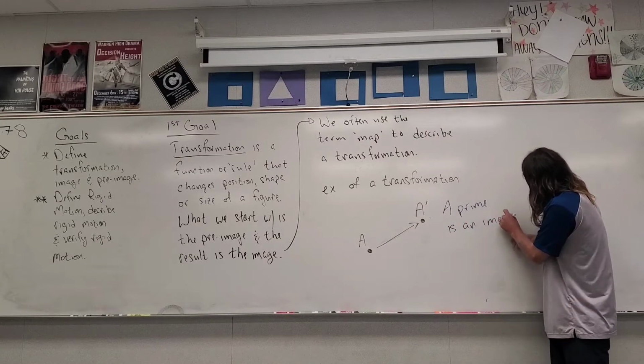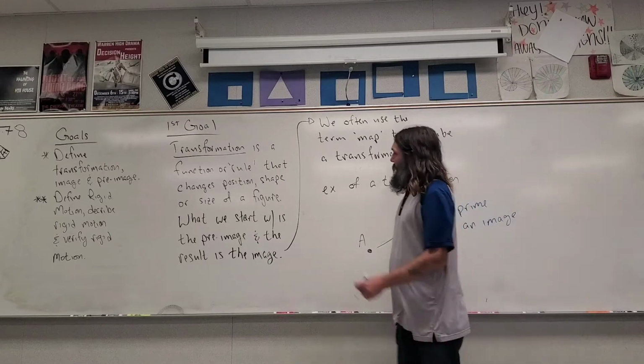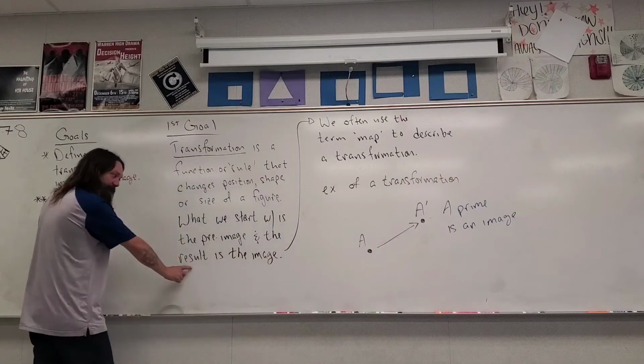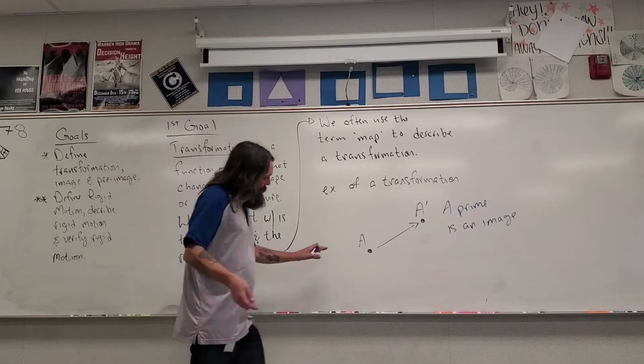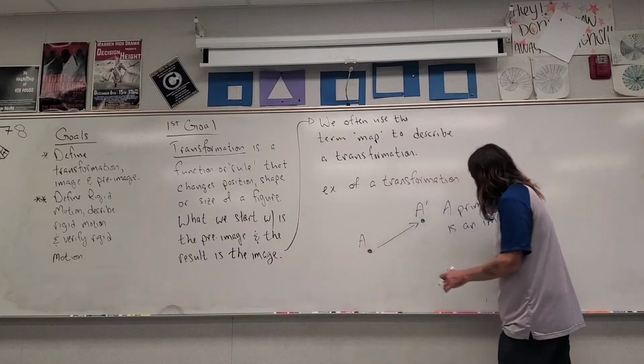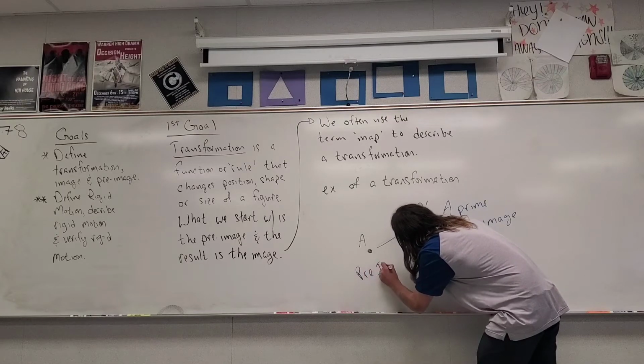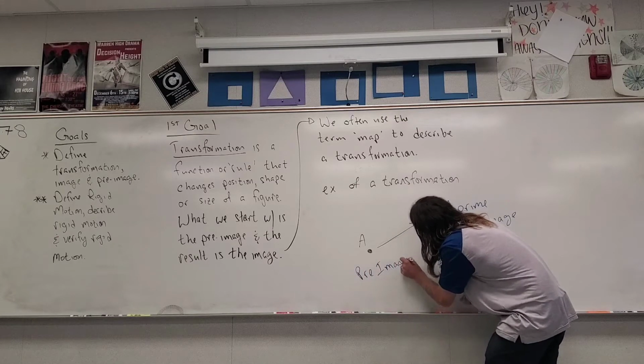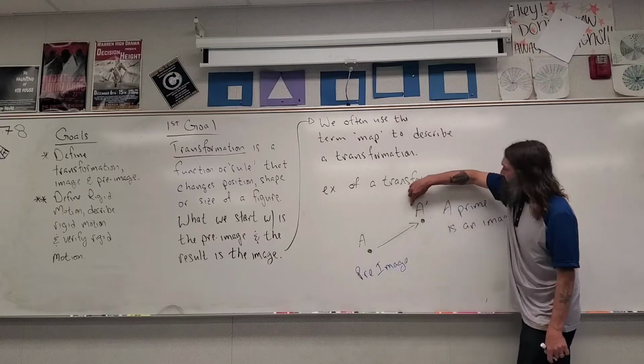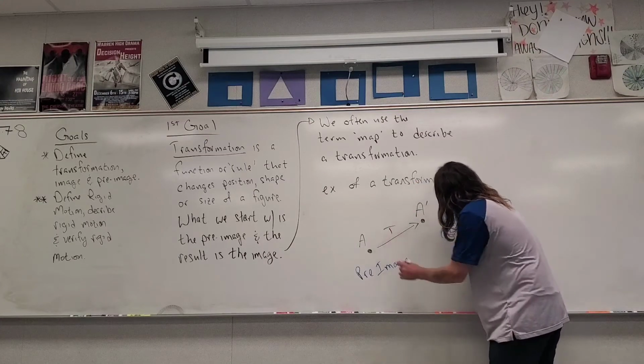And since I have an image, I know that we have been moved because the result is an image, which means that the letter without a prime mark is the pre-image. So this is where we started at. So we started from here and we moved to here. This would be my transformation.